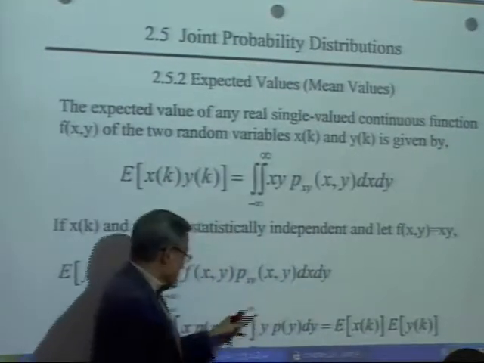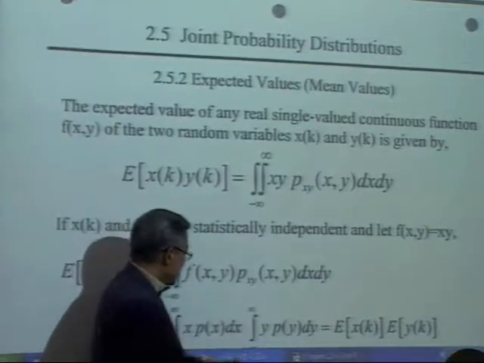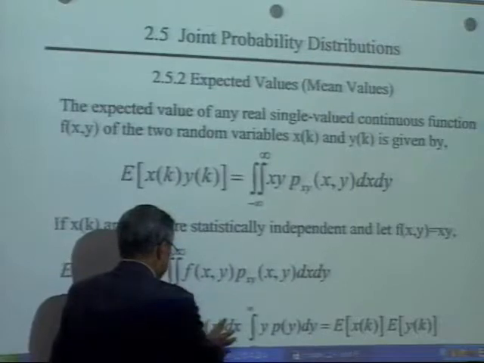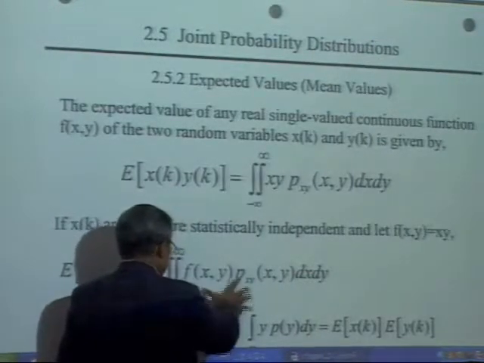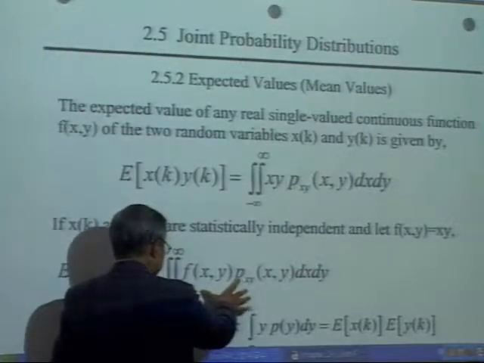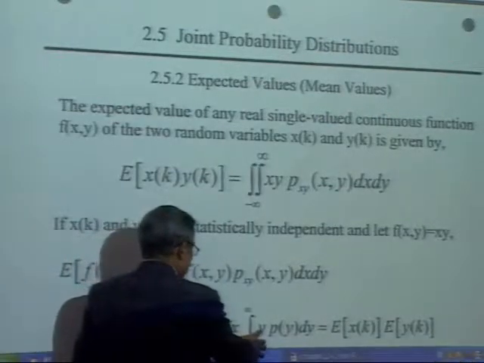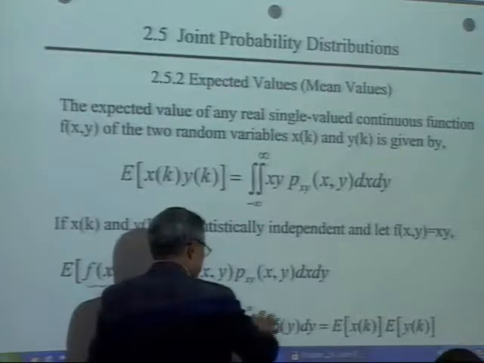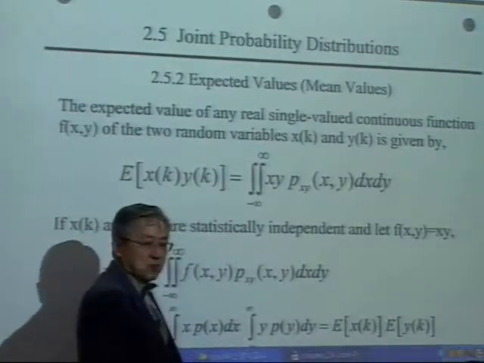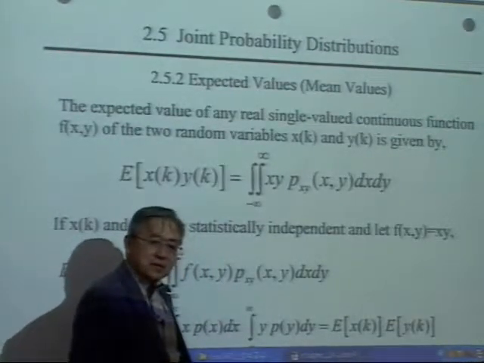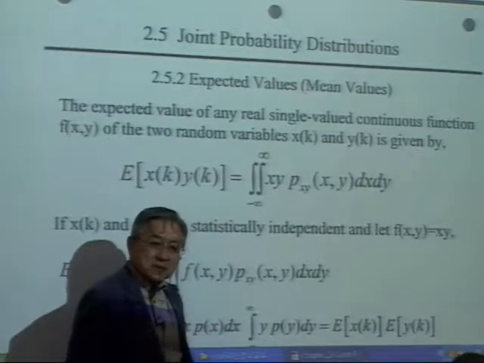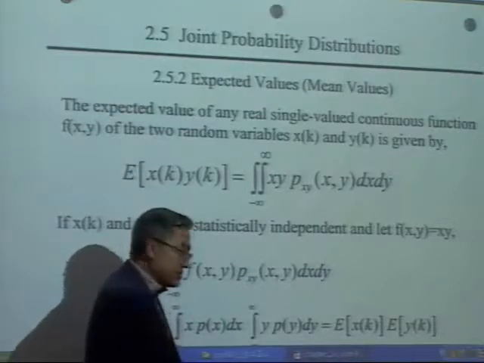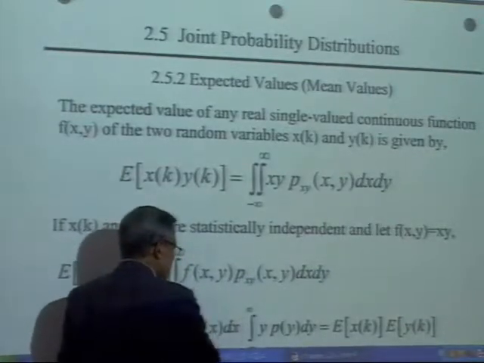So I multiply simply two here. This could be just a step before. This could be xy times pxy, but I can split two terms, one in the x domain, the other in the y domain. Two independent terms I can generate.